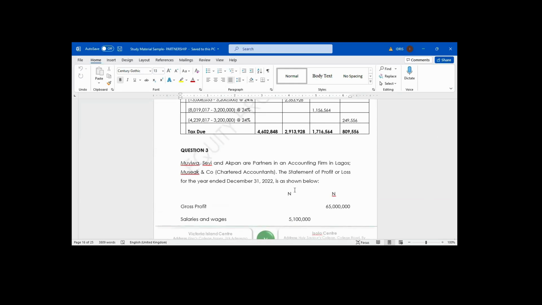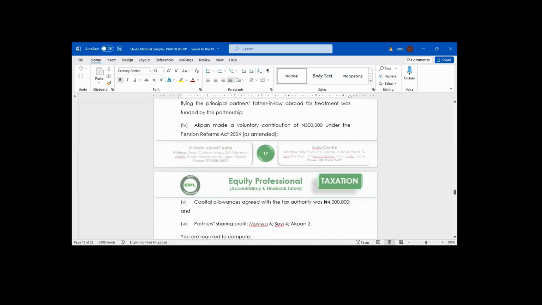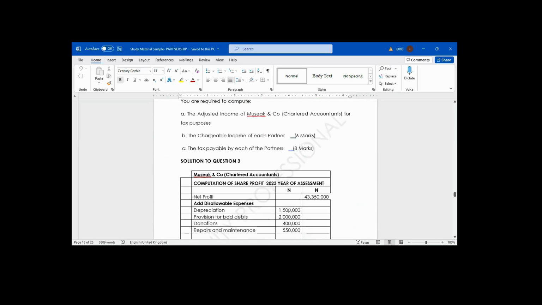That means the profit of last year will be assessed to tax this year. Do you understand? So on the preceding year basis, that is for the 2023 year of assessment.